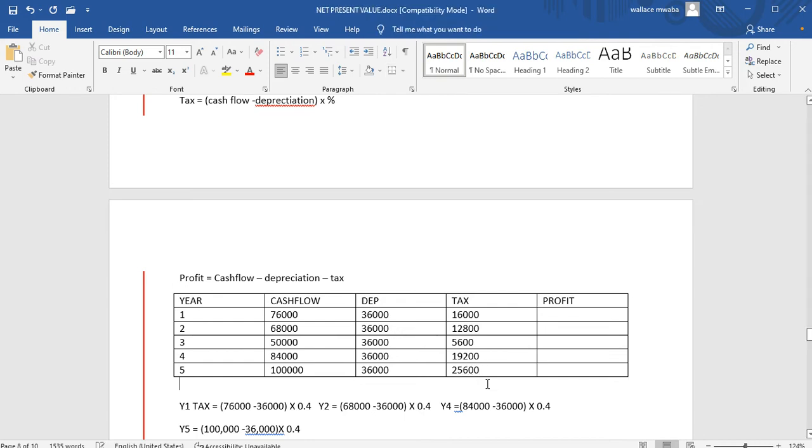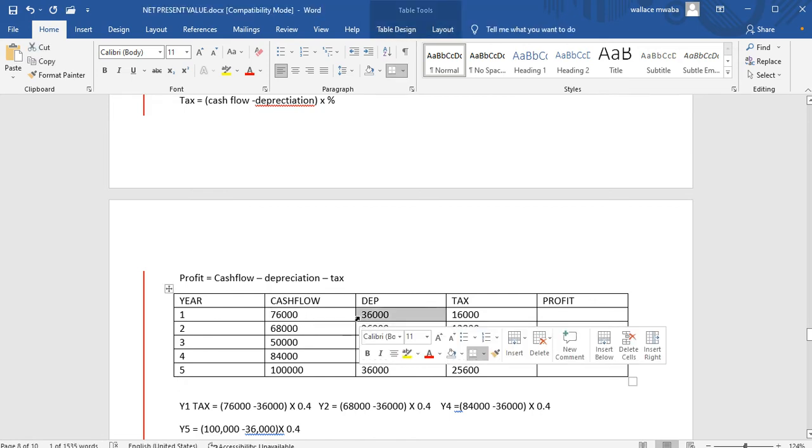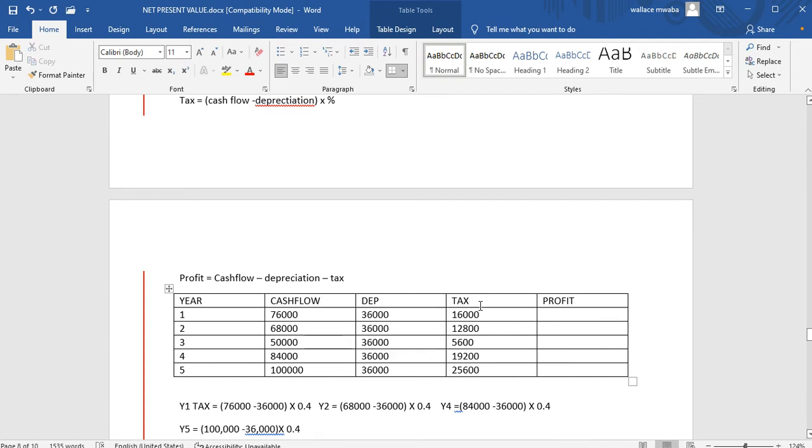Now we can calculate our profit. Remember, profit is cash flow minus depreciation minus tax. So 76,000 minus 36,000 minus 16,000, we're going to get 24,000.